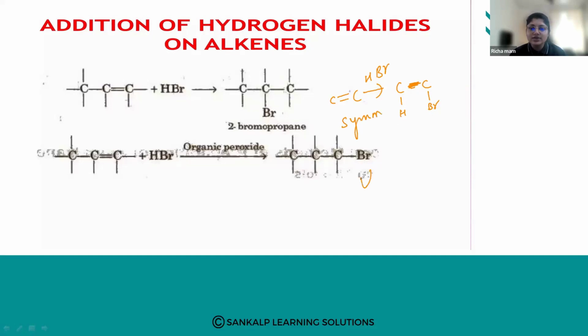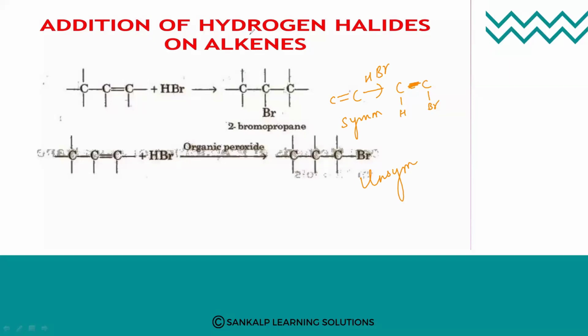Now, in case of an unsymmetrical alkene, what happens? That time the problem will arise. So what are we going to use? We are going to use the Markovnikov rule. What does Markovnikov rule state?